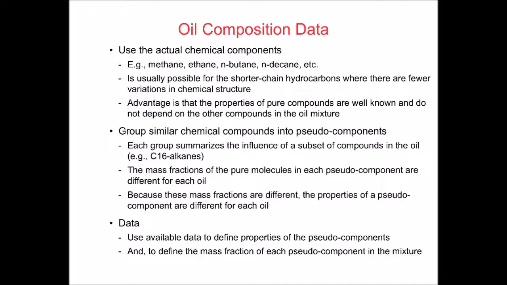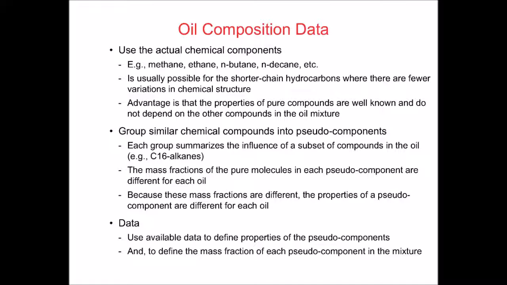C16 alkanes can have multiple different shapes, and so if we group together, in this case C16 alkanes, we're putting all compounds like that into one group. But you can make bigger pseudo-components that could be C16 to C20 alkanes. And then what you need to know is the mass fraction of that group of compounds in your oil.